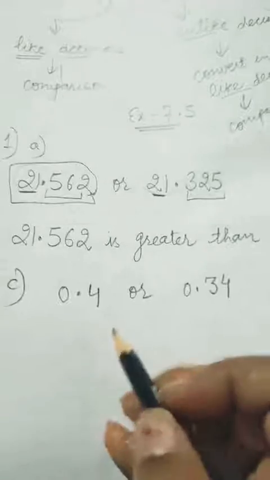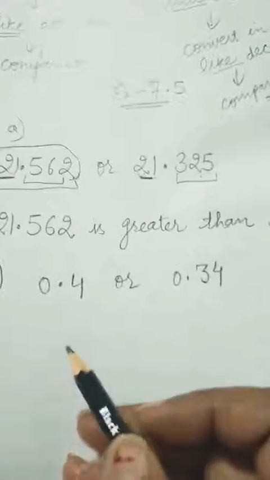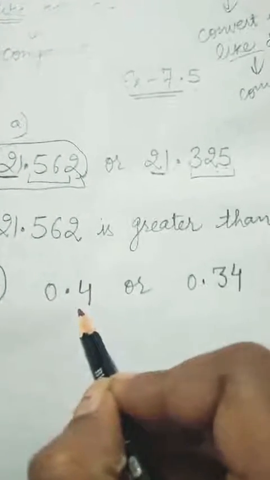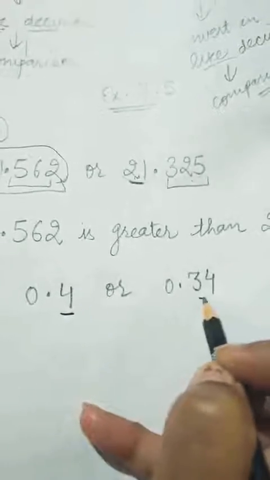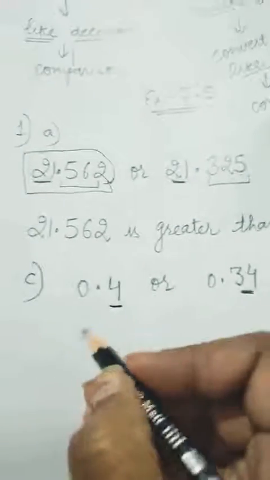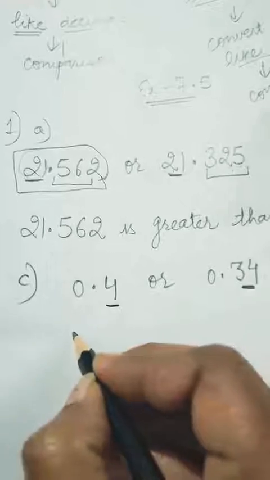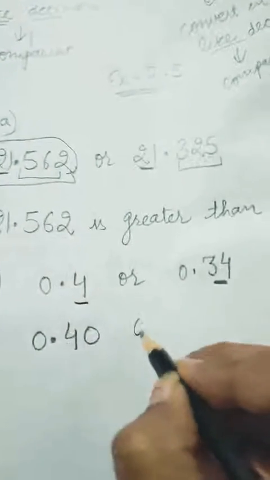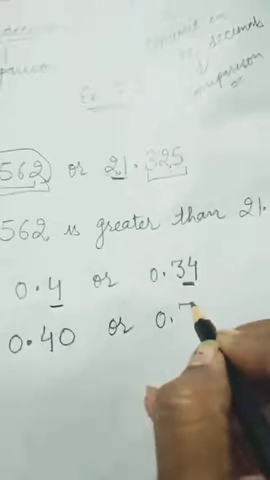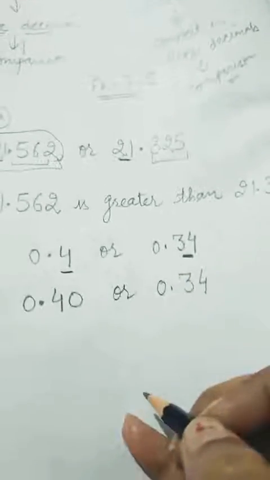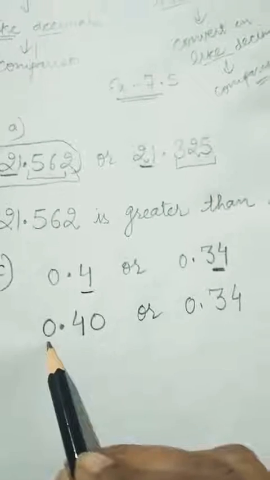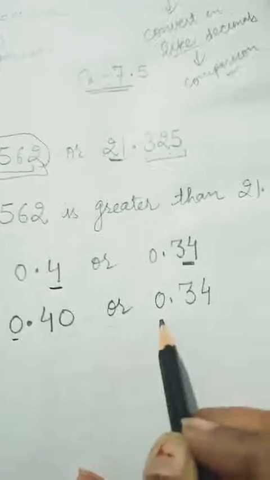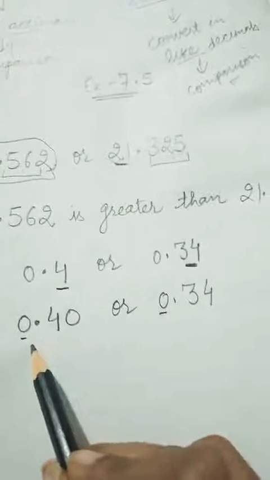Firstly we will see whether these are like decimals or unlike decimals, and here we can see these are unlike decimals. Here is 4 and here is 34. Yes, so what we will do? We will make these like decimals by putting 1 zero. Yes, now we will do the comparison. Firstly, before the decimal, here it is 0, here it is 0. We are unable to compare.